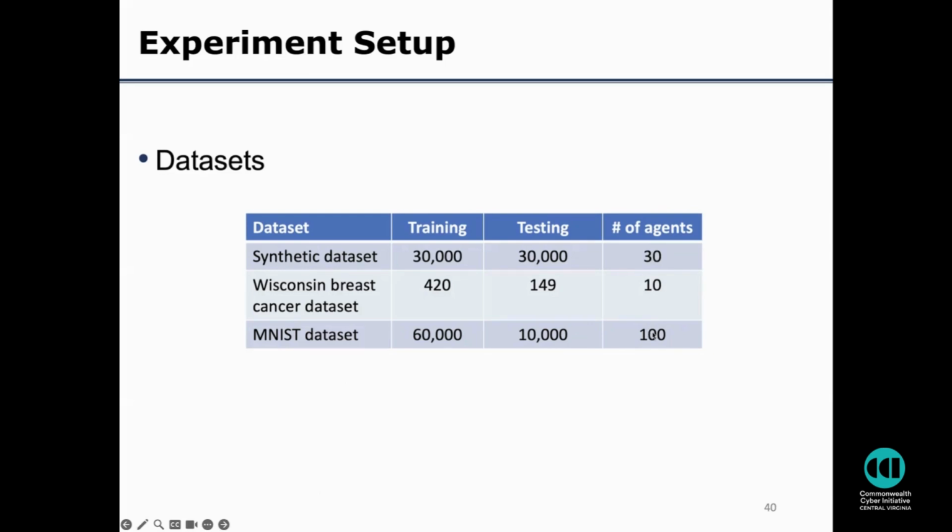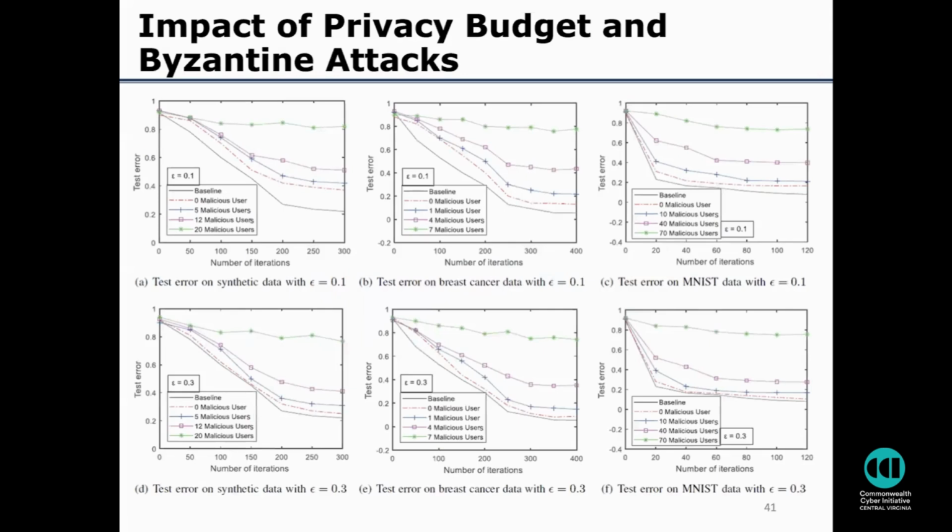We treat each party as both a data holder and a computing node, and use Python to implement the blockchain network. We can observe that when epsilon is small, the test error is relatively high.